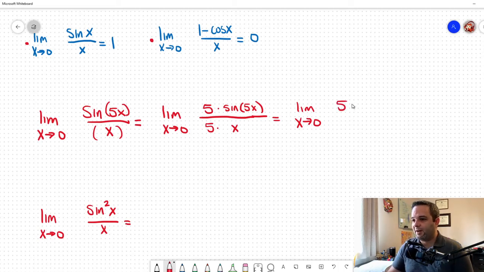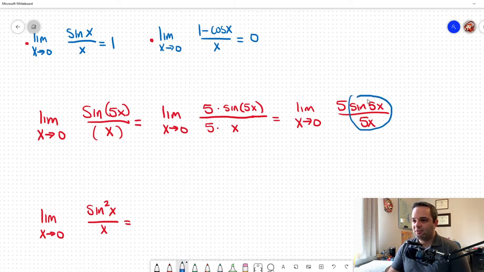So now I have 5 sine 5x over 5x. Now we can see sine of something over the same something. According to my limit from earlier, as we approach 0, this will approach 1. And now I have that 5 left over, so this is really going to be 5 times 1, which is 5.